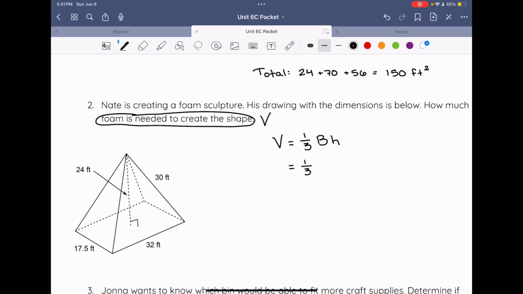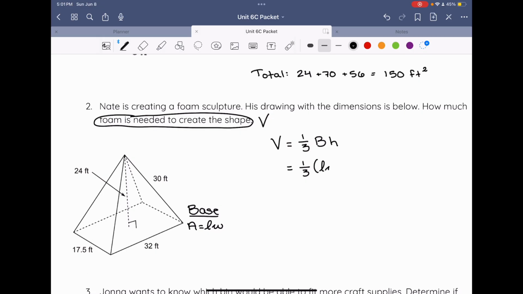base times the height. Our base is a rectangle, so area equals length times width. So I can either do length times width and just plug everything right into there, or I can calculate that base on my own separately and then plug it in. So 17.5 times 32.